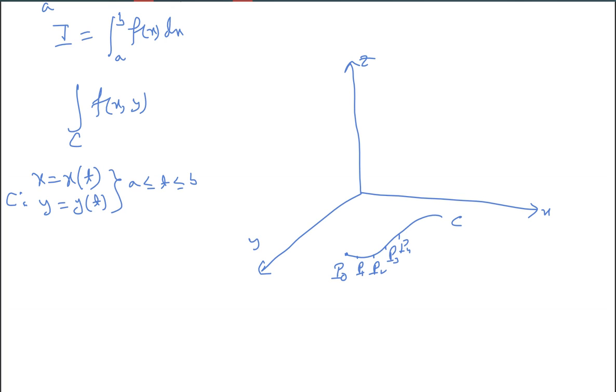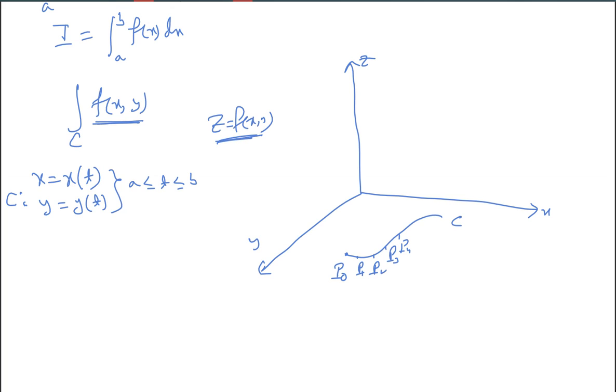Now, what is your f of x, y? It is a function of two variables x and y. If we plot z is equal to f of x, y, this will represent a surface in three-dimensional space.